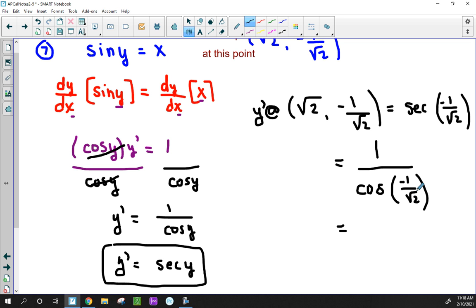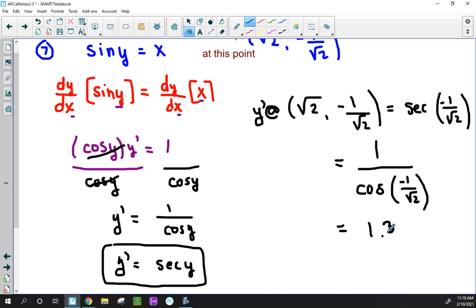On my calculator here, I'm getting 1.32.